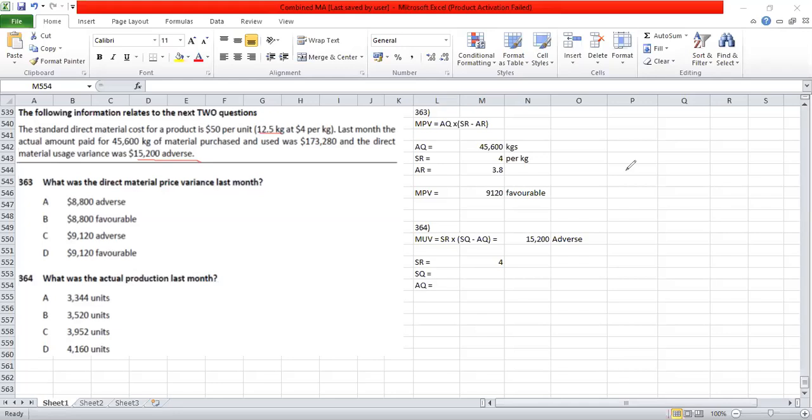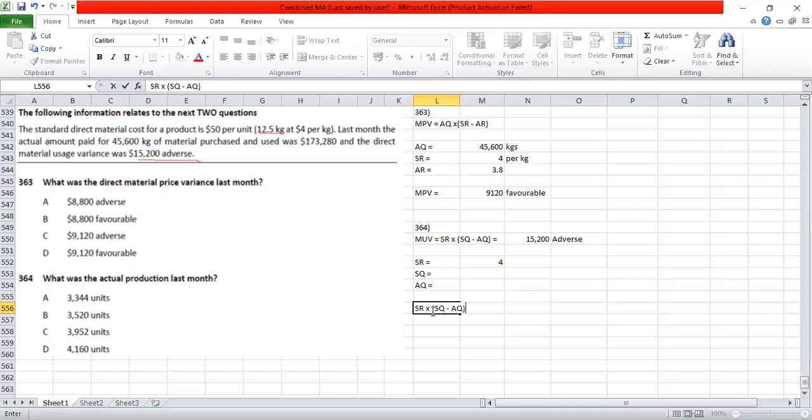Standard quantity. Standard rate into standard quantity minus actual quantity.